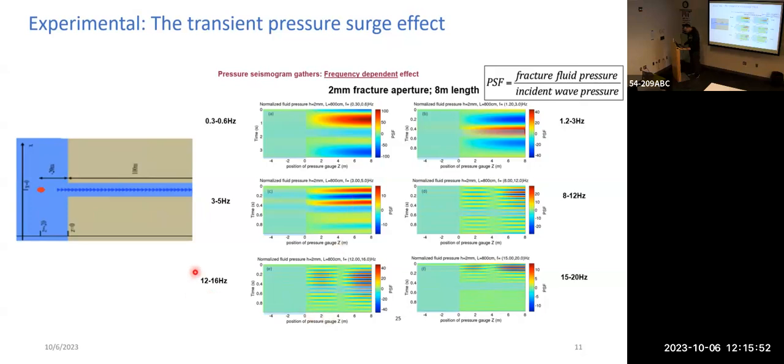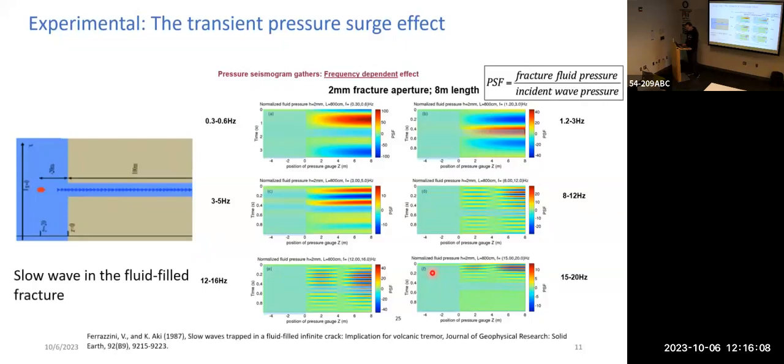You can see here, for example, when the incident wave frequency is 12 hertz to 16 hertz, the maximum amplitude is amplified to 40 times larger. According to the numerical simulation in 2D, that is caused by the slow wave or the Krauklis wave in the fluid filled fractures.